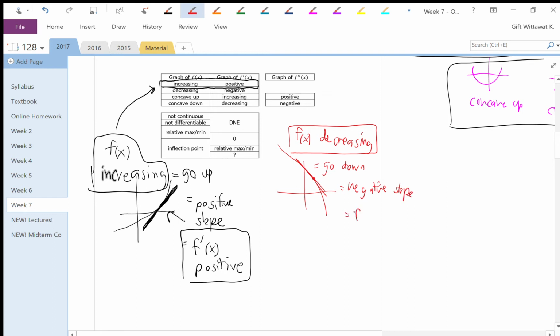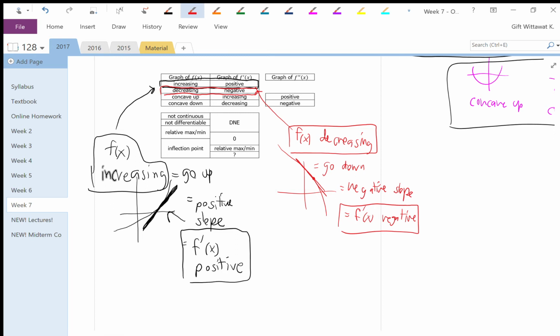And that means my derivative is going to be negative. So that goes in my second item. When a function is decreasing, then the derivative is going to be negative.